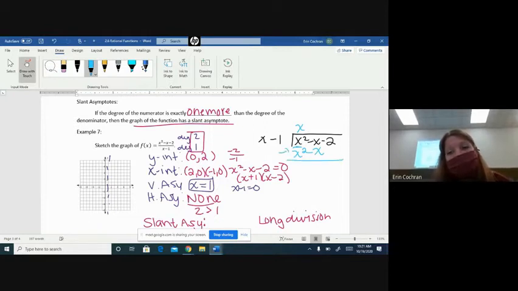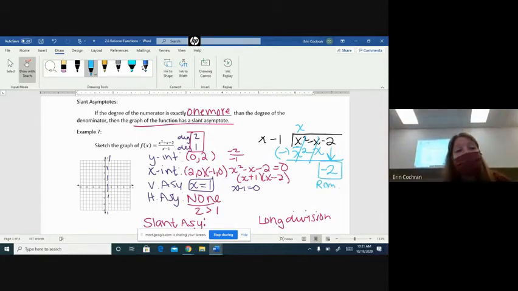And then we subtract. What's x squared minus x squared? Nothing. What's -x minus -x? Nothing. And we're left with a -2. Can x go into -2? No. So this here is known as my remainder, right?